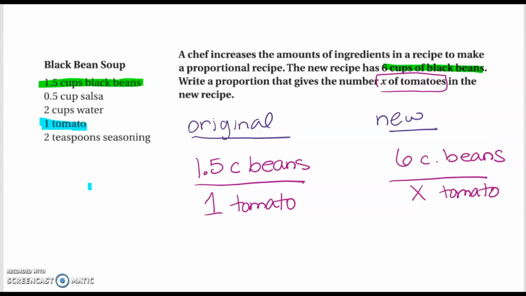And so again, we're going to use X to represent the number of tomatoes because we don't know that yet. And we're going to set these equal to each other. So again, all we've done is set up the proportion. We haven't solved it yet. We're going to learn how to actually solve the proportion a little bit later on in this chapter.